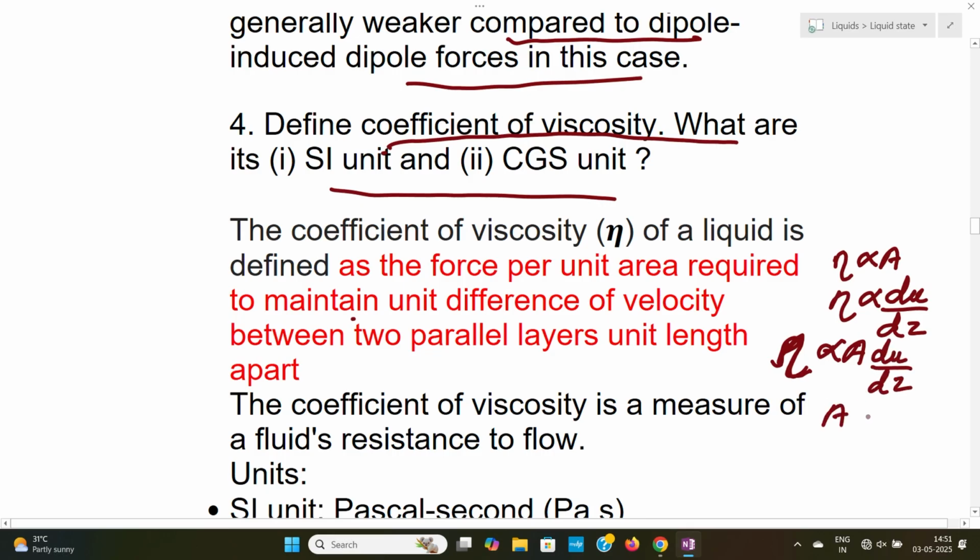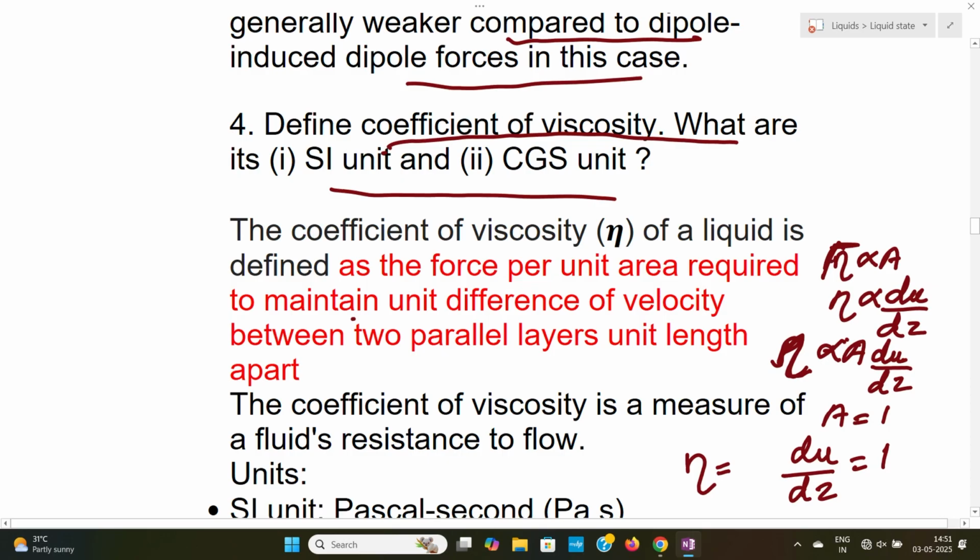When A is equal to 1 and du by dz is equal to 1, there we have a constant. That constant is called the coefficient of viscosity.